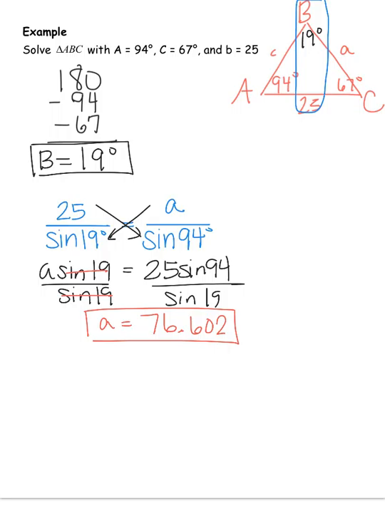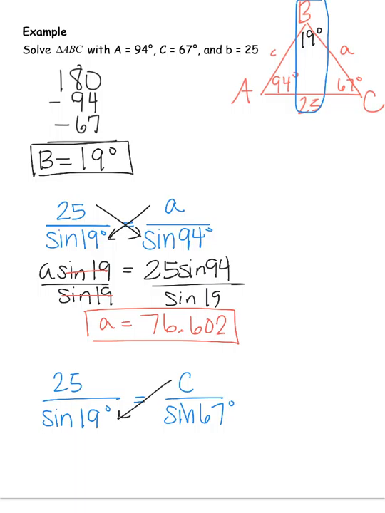Now we know a. Remember, this is a non-right triangle, so a squared plus b squared equals c squared is not an option. We have to go back to law of sines, set up the fraction we know, and set it equal to the fraction that we don't know one of the numbers in, which is now c over the sine of 67. And again, same steps.